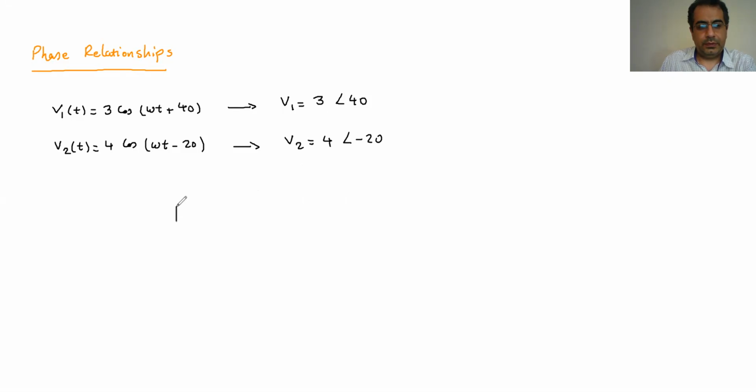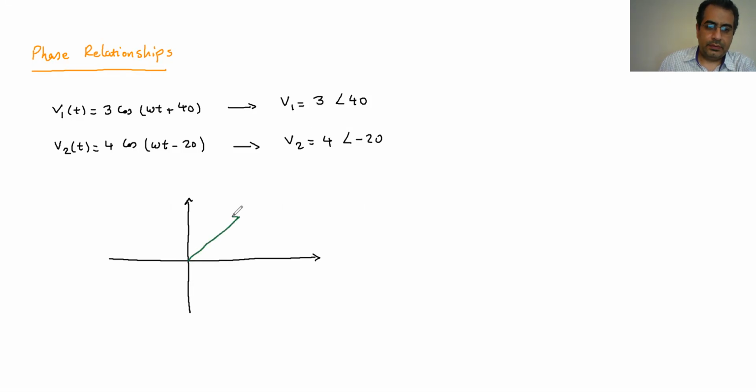Now if I go ahead and draw them as a polar vector, the V1 has a length of 3 and angle of 40. So, for example, this is angle of 40 and length of 3.